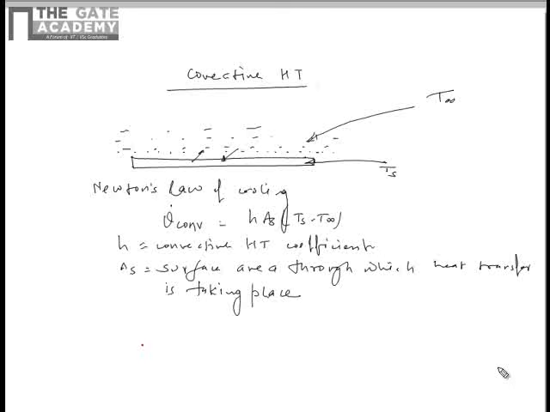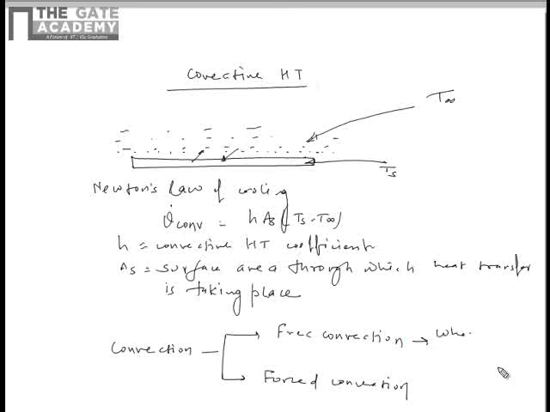So convective heat transfer is of two types: free convection and forced convection. Free convection is when fluid flows due to density variation. Then the heat transfer between solid and liquid is known as free convection.